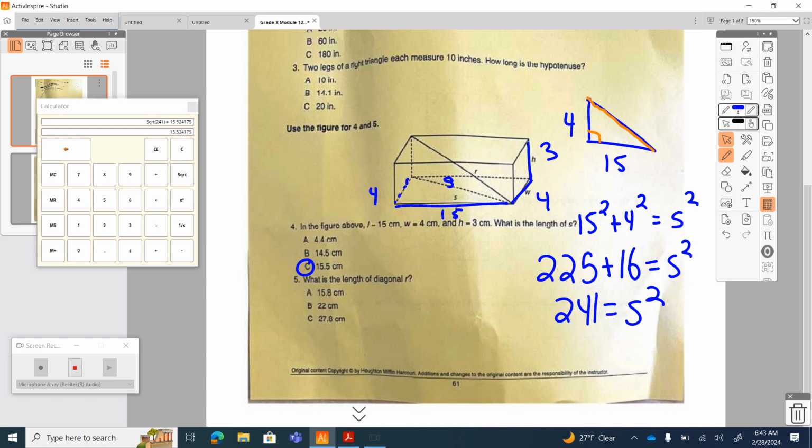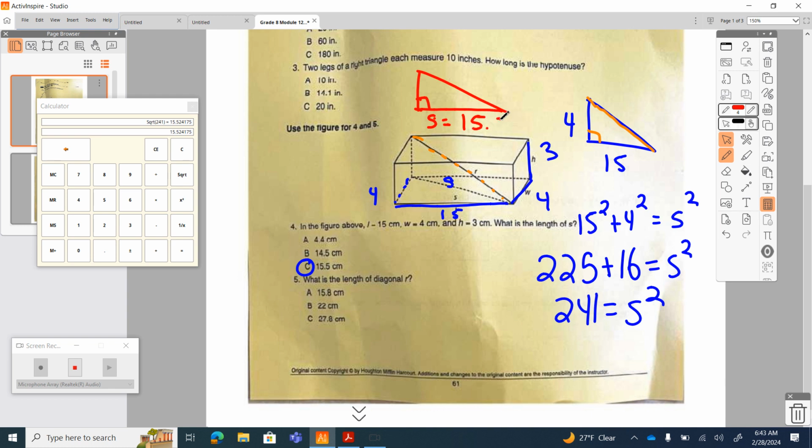Now they want to know the diagonal R. So you actually have another triangle here, a triangle that's standing up in this box. What was the hypotenuse of the triangle laying down is now a leg, and it is side S. We found that S is 15.5.